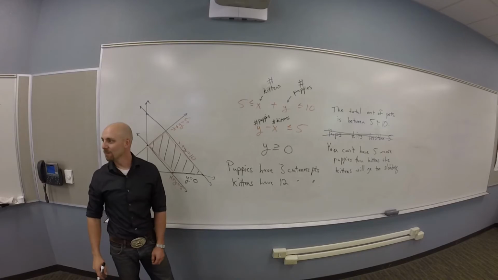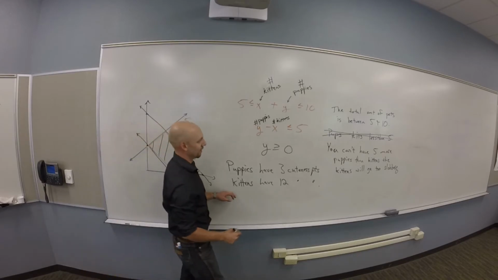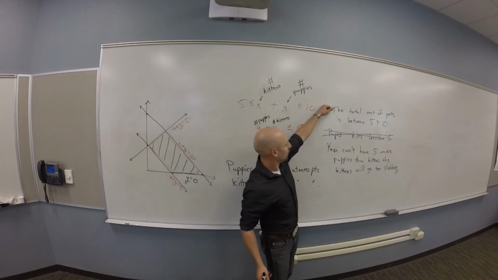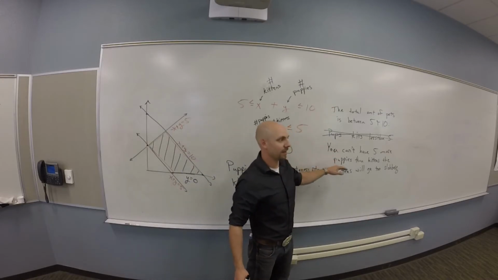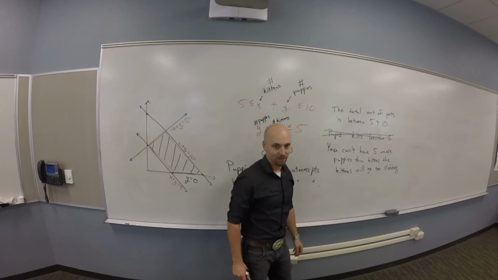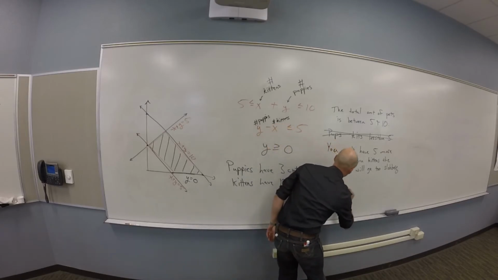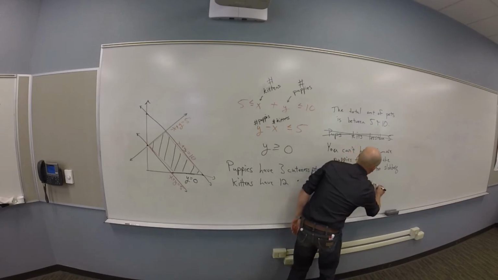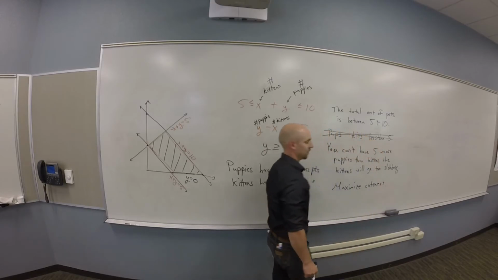Right? And then my statement would be something like, so puppies have 3 cuteness points, kittens have 12, constraint, constraint, and then what am I trying to maximize? Maximize cuteness. Like, come on. You guys see this?